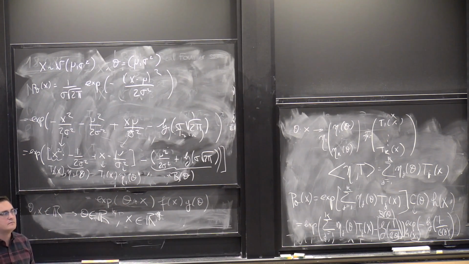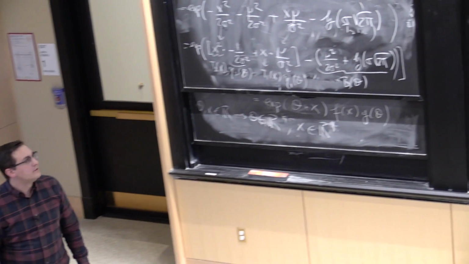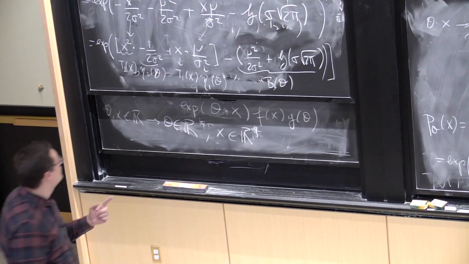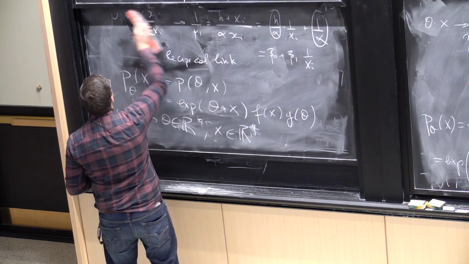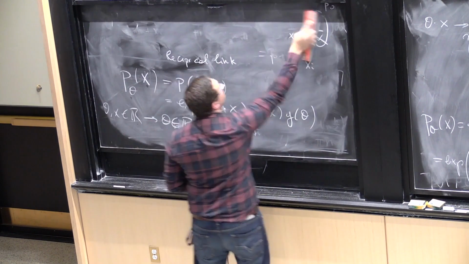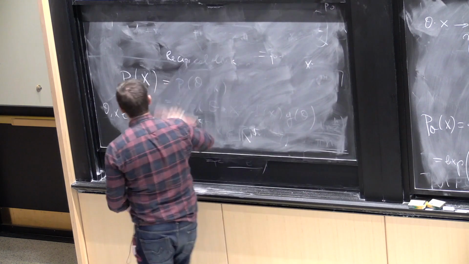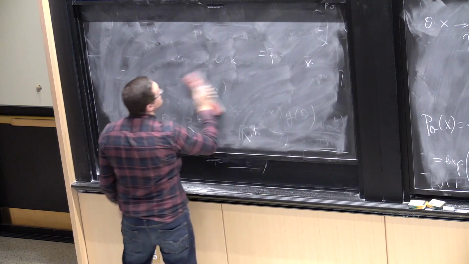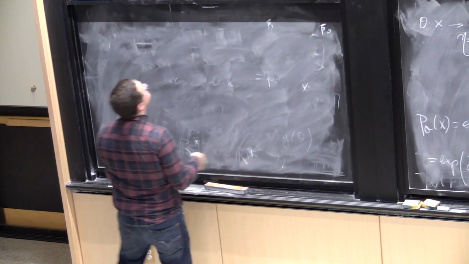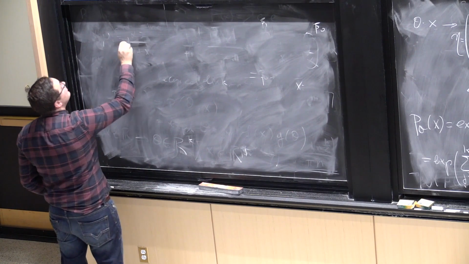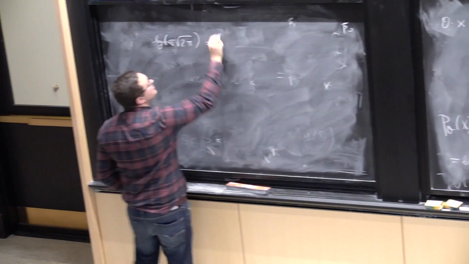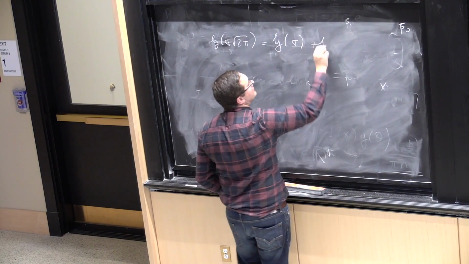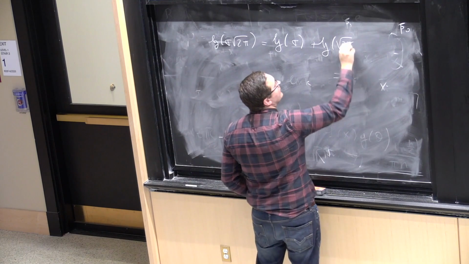What is h of x? 1. There's one thing I can actually play with, and this is something where you're going to have some free choices, because this is not completely determined. For example, when I write the log sigma square root 2 pi, this is just log of sigma plus log square root 2 pi.